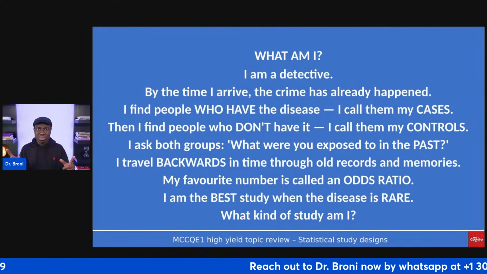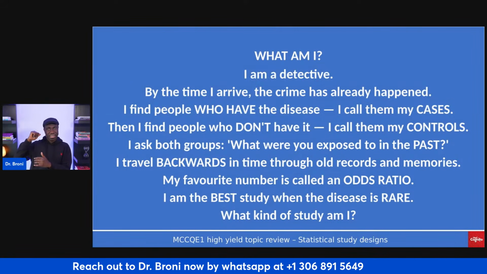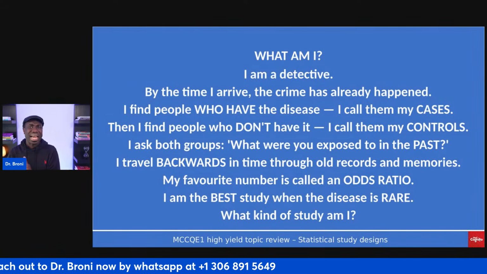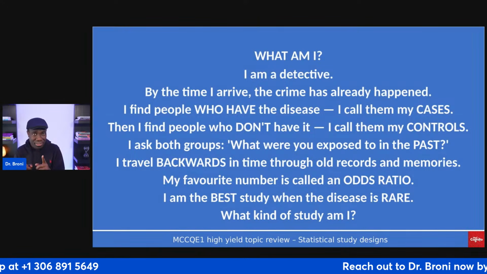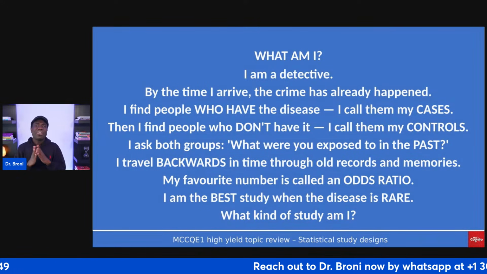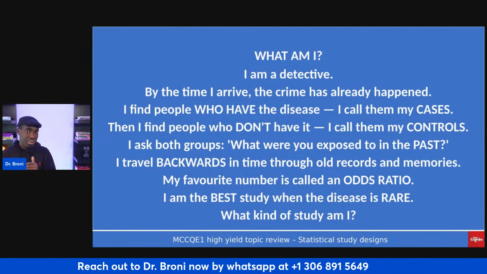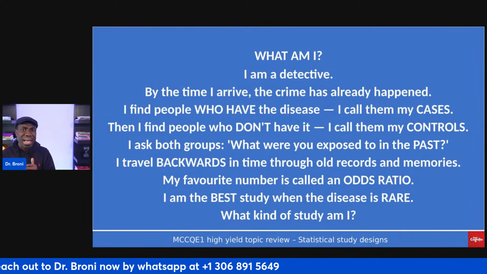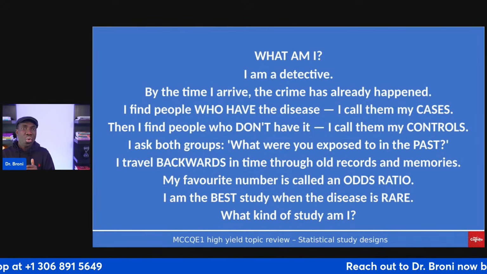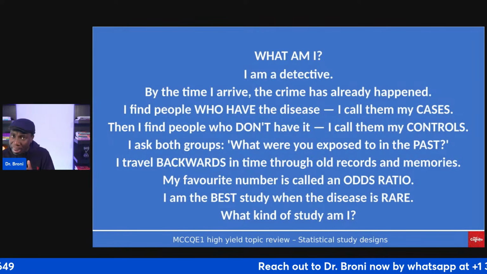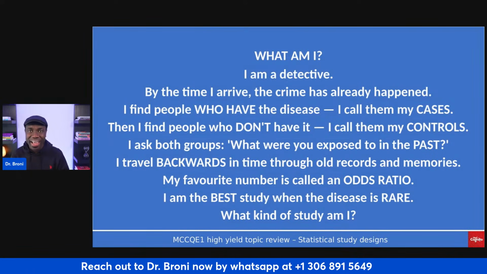I ask both groups, what were you exposed to in the past? I travel backward in time through old records and memories. My favorite number is called an odds ratio. I am the best study when the disease is rare. What kind of study am I?